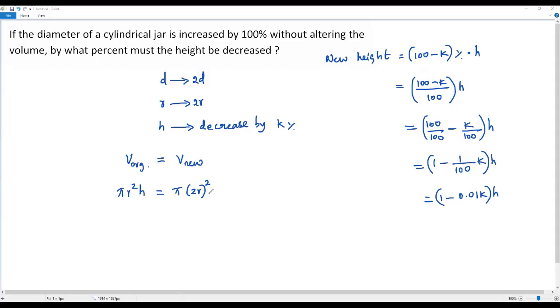In the formula, instead of H, we write the new height, that is 1 minus 0.01 K times H.